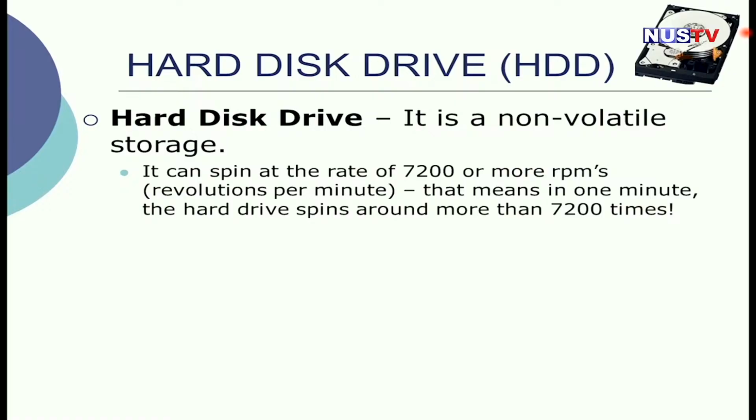Now it can spin at the rate of 7,200 or more RPMs. RPM stands for revolutions per minute. What does that mean? It basically means that in 1 minute, the hard drive spins around more than 7,200 times. Wow, that's amazing.